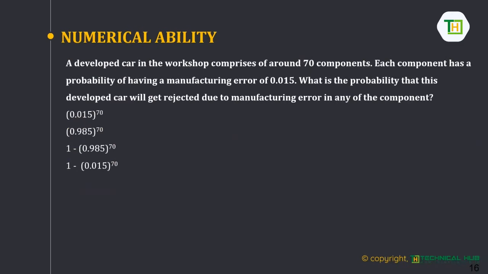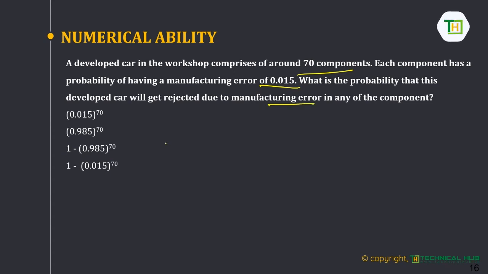Next question. A developed car in the workshop comprises around 70 components. Guys, listen carefully. Each component has a probability of having a manufacturing error of 0.015. What is the probability that this developed car will get rejected due to manufacturing error in any of the components?